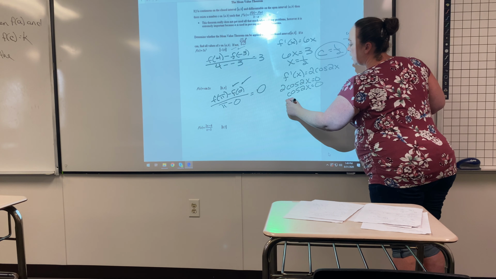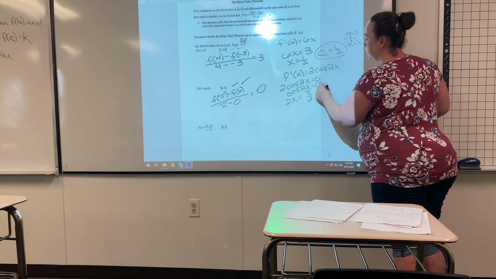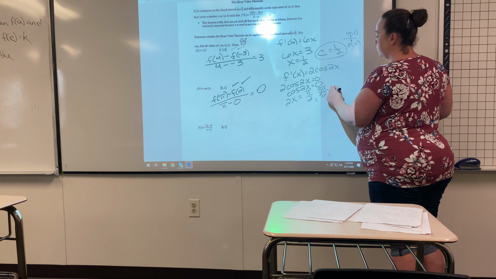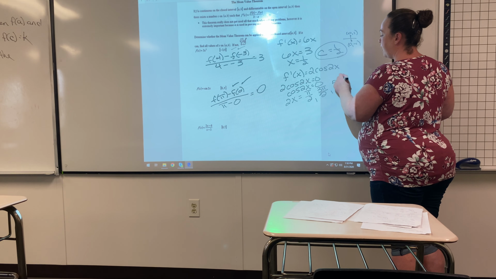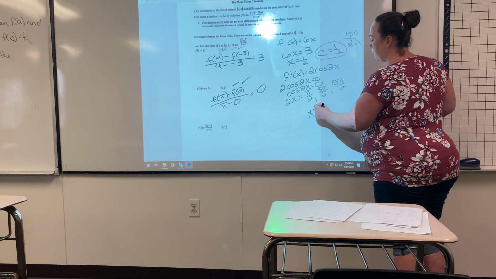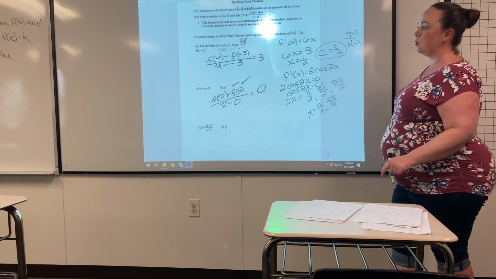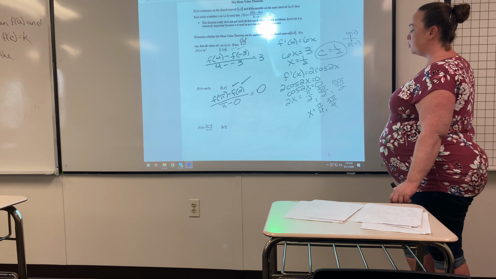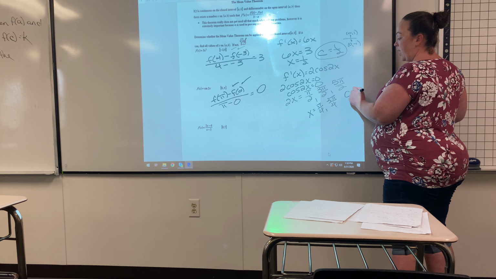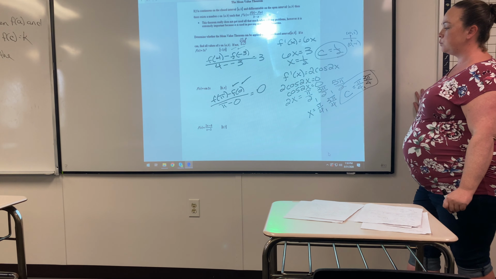So then you're looking at 2x, so that's this part, being pi over 2, 3 pi over 2, 5 pi over 2, if you had to keep going. Then you divide them by 2. So then x is going to be pi over 4, 3 pi over 4. 5 pi over 4 is outside the interval, so no one cares. So that means that this one has 2 c values, which is fine. And again, you need to make sure that you go through and call them c values, don't leave them x.